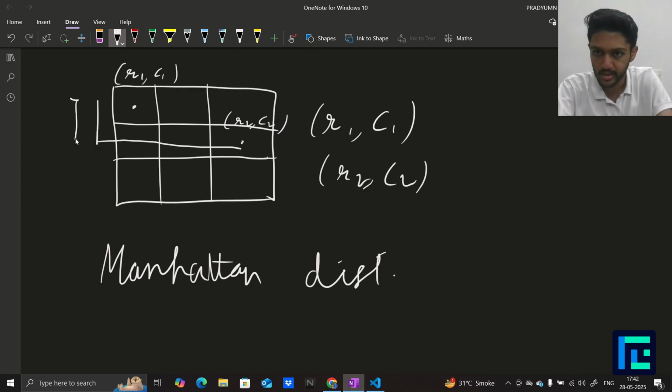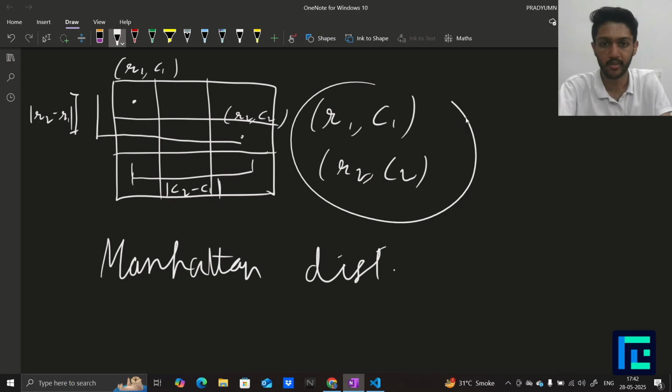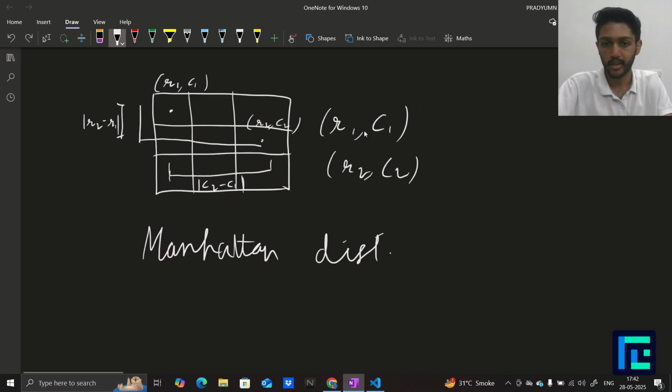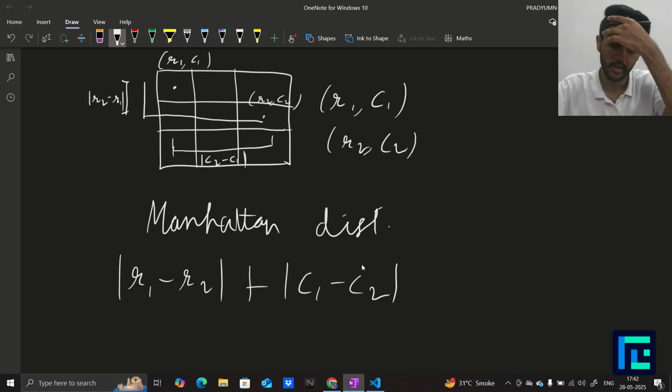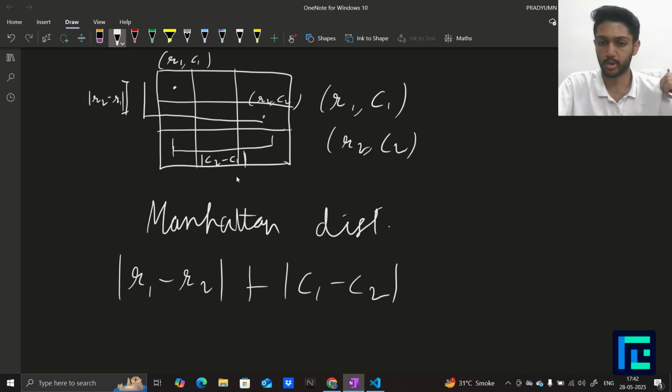This distance is basically mod of R2 minus R1, and this distance is just mod of C2 minus C1. So essentially the distance between (R1, C1) and (R2, C2) comes out to be mod of R1 minus R2 plus mod of C1 minus C2. So this is your distance formula, and this is very famous also.